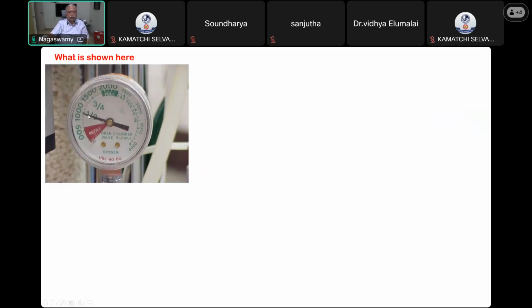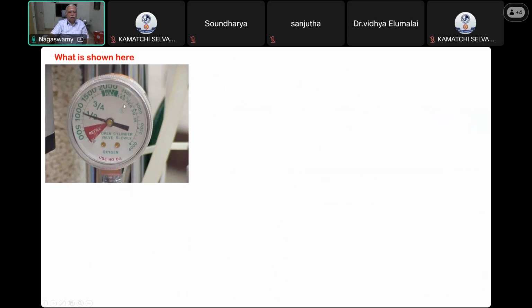It is half full. You can see the marking is there, and there is a cautioning to say refill or the gas content is very low, and the outer one is showing the pressure in psi 500, 1000, 1500. And open cylinder valve slowly, use no oil, all precautions are there.